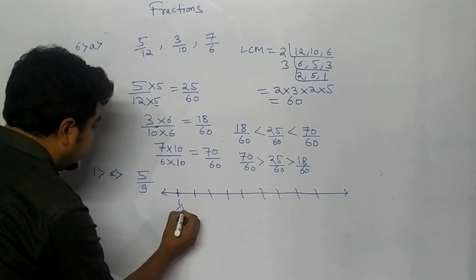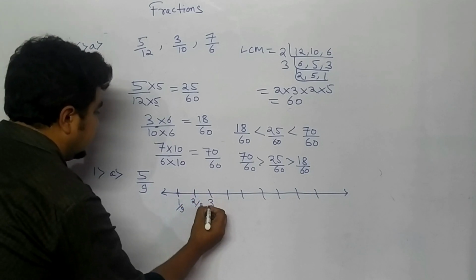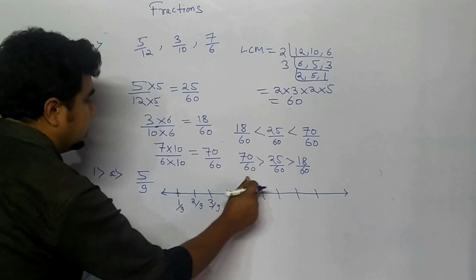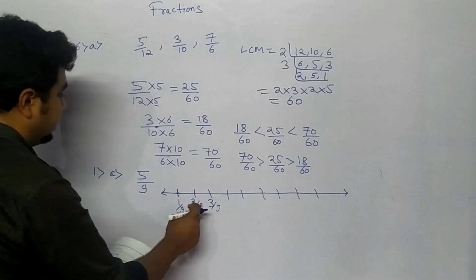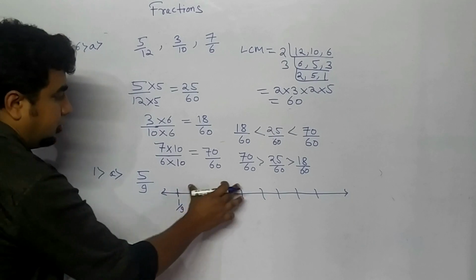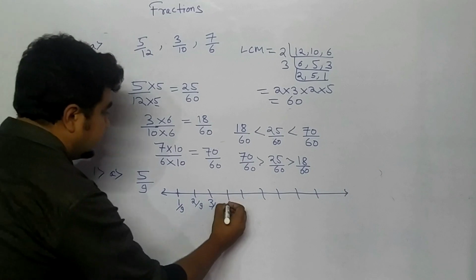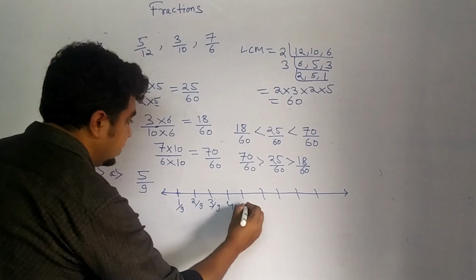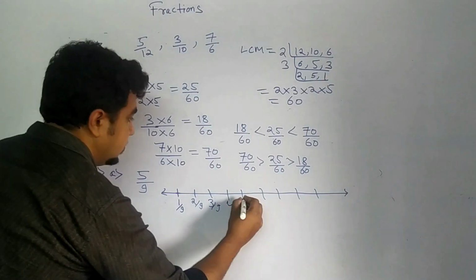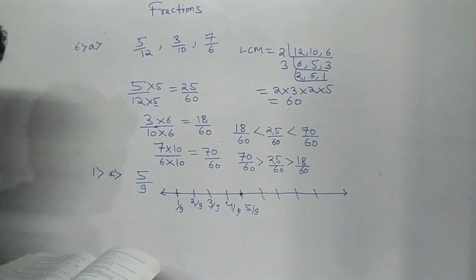This will be 1 by 9, this 2 by 9, this 3 by 9. Total parts are 9. If I select this part, it is 1 out of a total of 9. This is 2 by 9, this is 3 by 9, this is 4 by 9, and this is 5 by 9. So this will be the answer for this part.